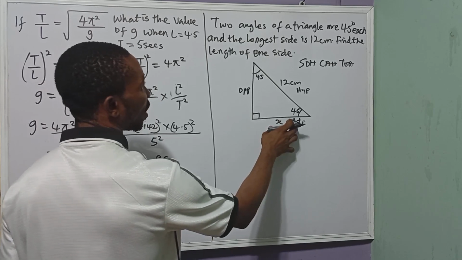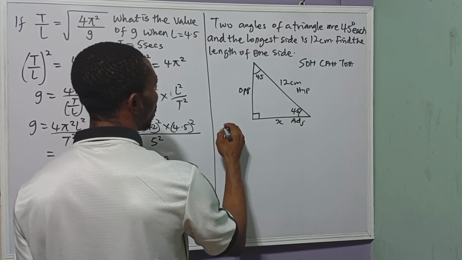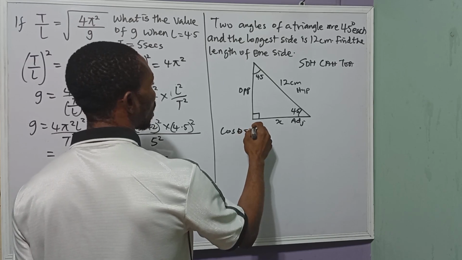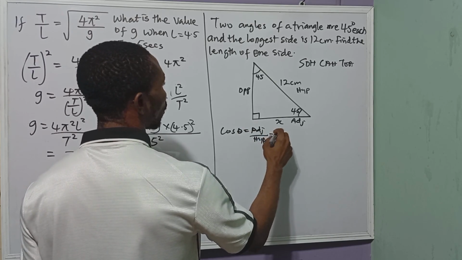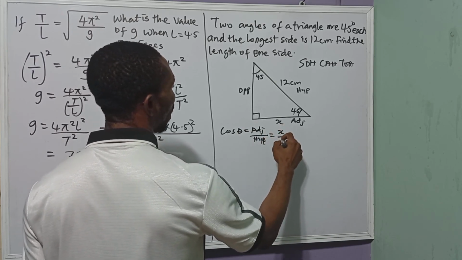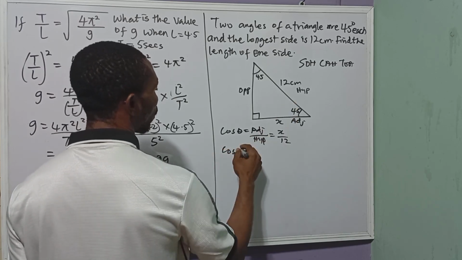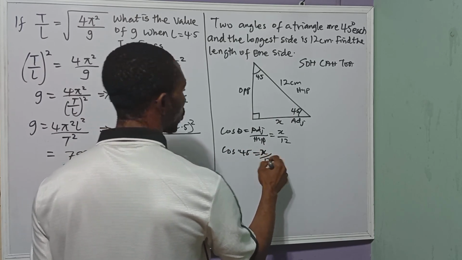So we have adjacent and hypotenuse. So we are going to use our cos theta equals adjacent over hypotenuse, which gives us adjacent is x over 12. So our cos 45 equals x over 12.